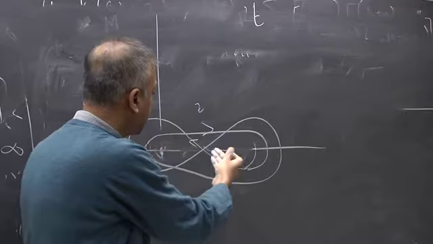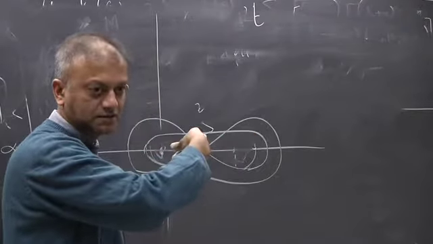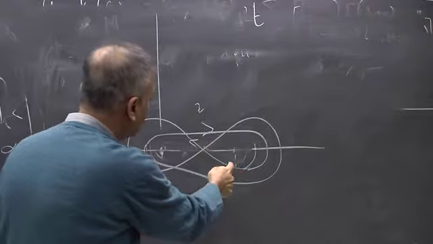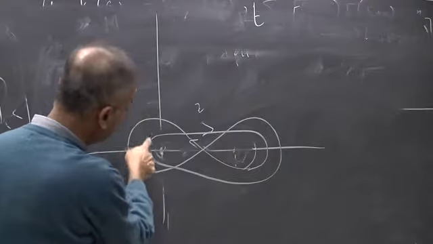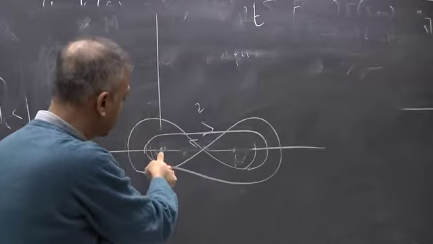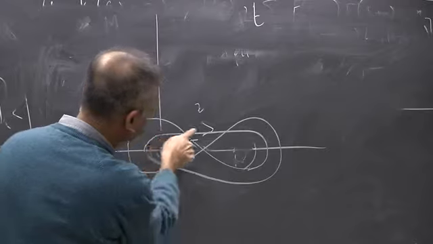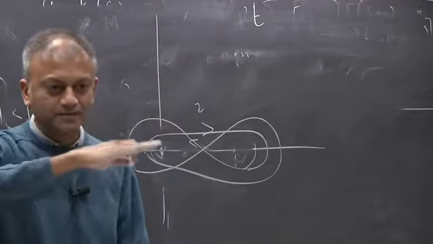But then you can go backwards. So first you go one sheet up, then you go one sheet down, as far as this branch singularity is concerned. You come back and go in the opposite direction of the first. So you can come back.